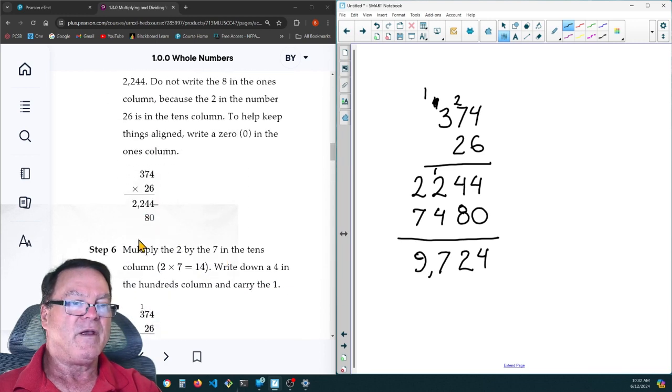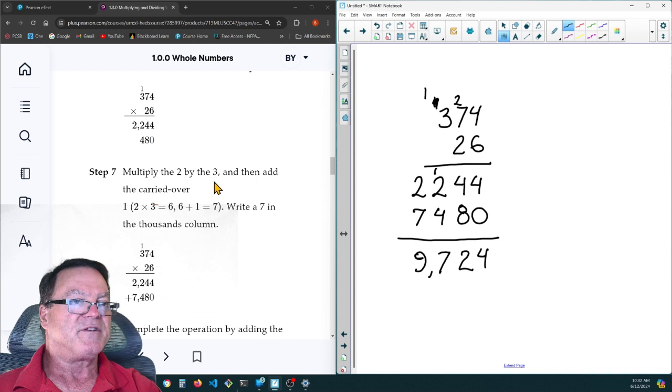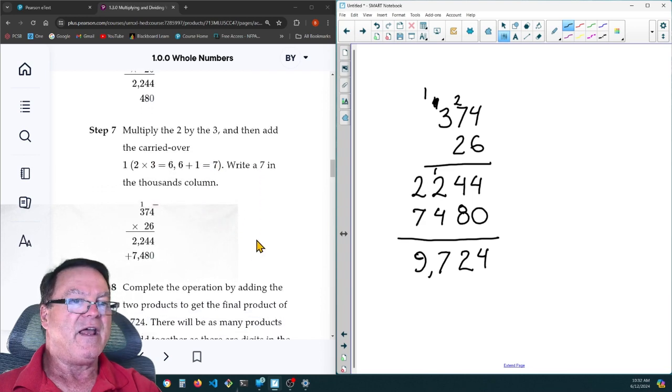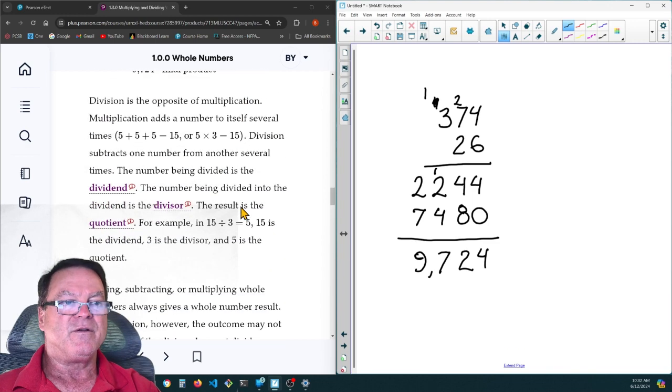There we go. Multiply the 2 by the 7 in the tens column. 2 times 7 is 14. Write down the 4, carry the 1. Multiply the 2 by the 3, and then add the carryover. So 2 times 3 is 6, plus 1 equals 7. So we wrote a 7. And now it says complete the operation by adding the two products to get the final product of 9,724. Very good. We did good.